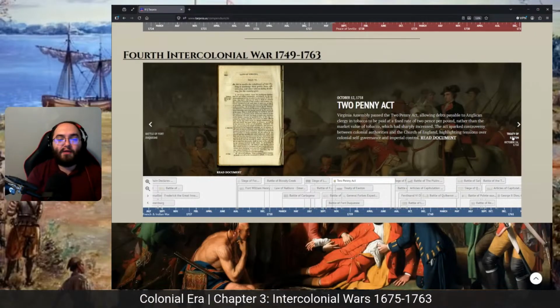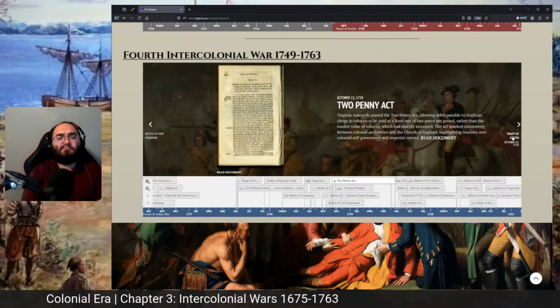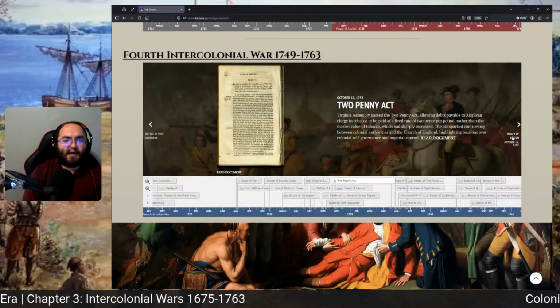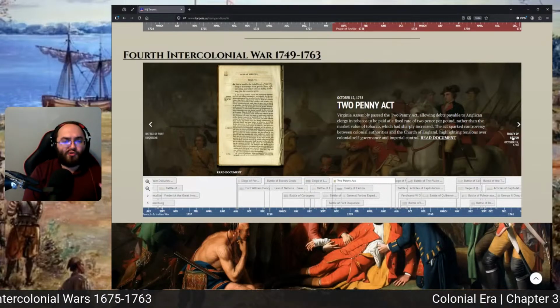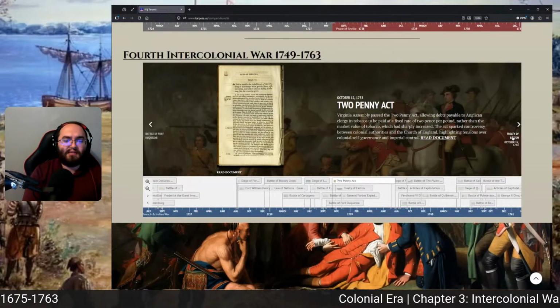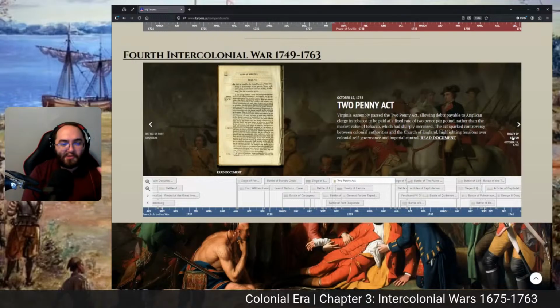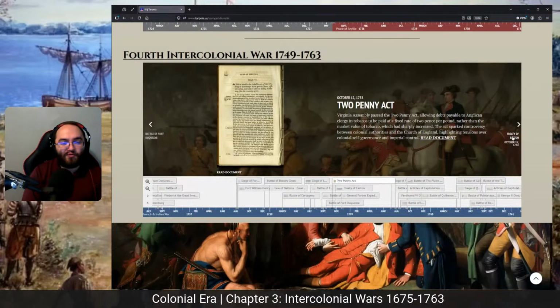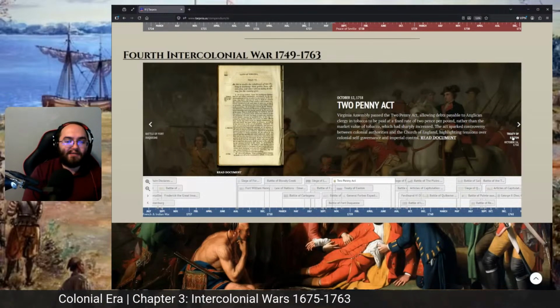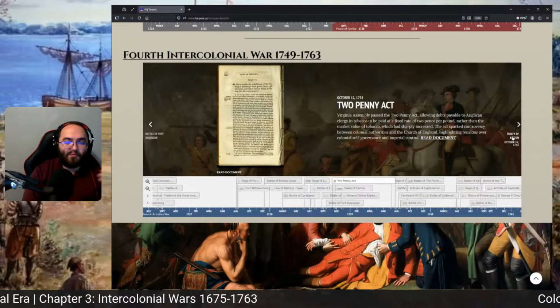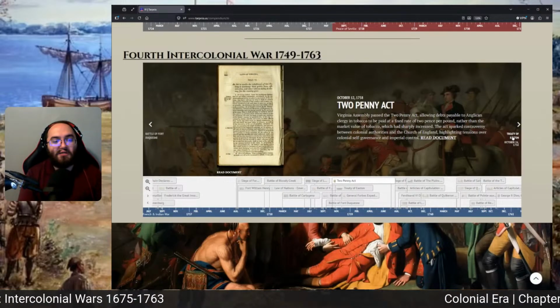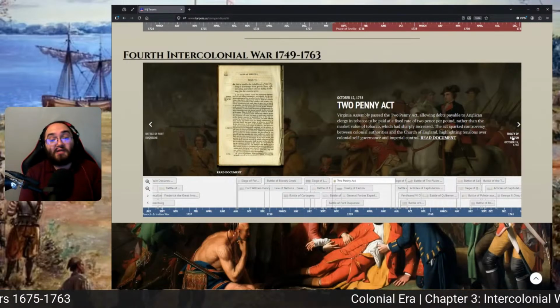They are getting involved in even something as minor as the salaries of the clergy of the Church of England in Virginia. Like, that's how minute these regulations and oversight by the king and parliament are on the colonies, which disproves the theory of salutary neglect.